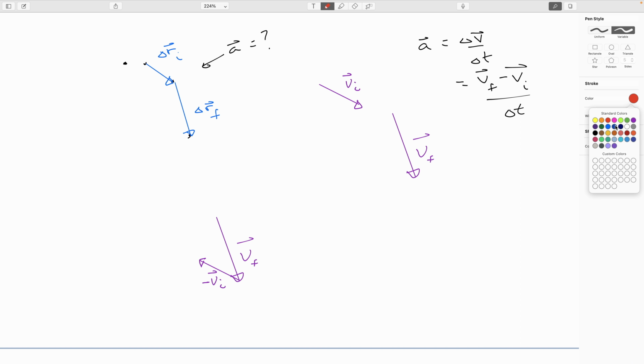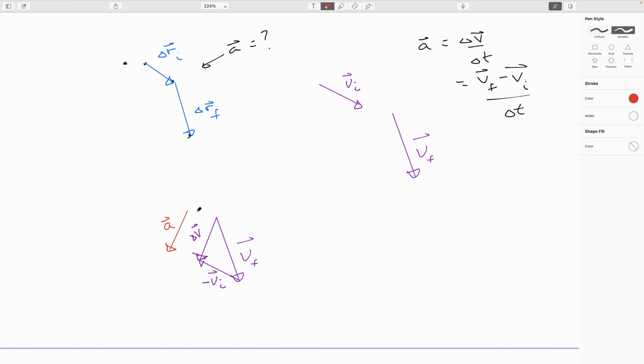So this right here by the tail to head rule would be my delta v, like so. And then my acceleration will be proportional to my delta v pointing in the same direction, because multiplying by 1 over delta t is just multiplying by a positive scalar.